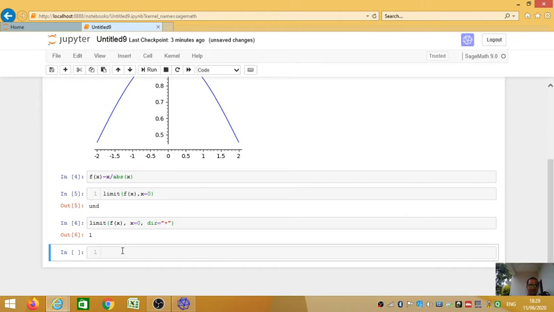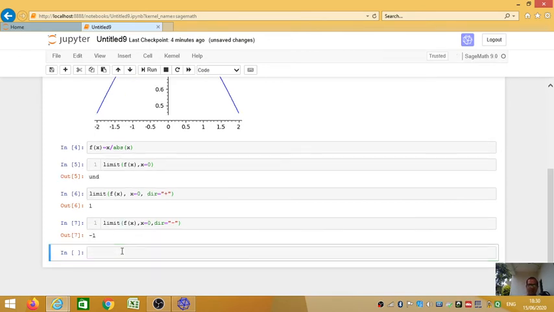Then I will find the left hand limit. So I will put here again this f of x. You can copy and paste also here, x equal to 0, and I will take direction equal to negative. So left hand limit. So this value is -1. Okay, here just by clicking we get the answer.